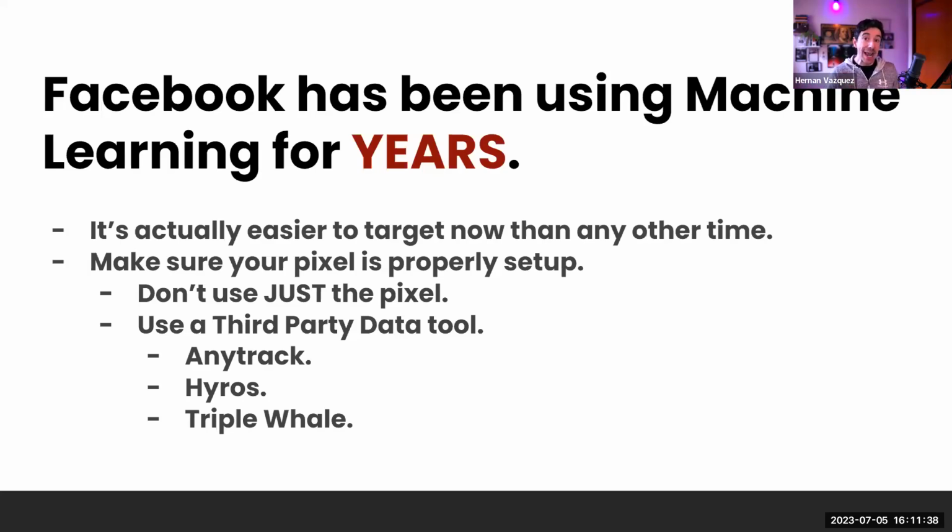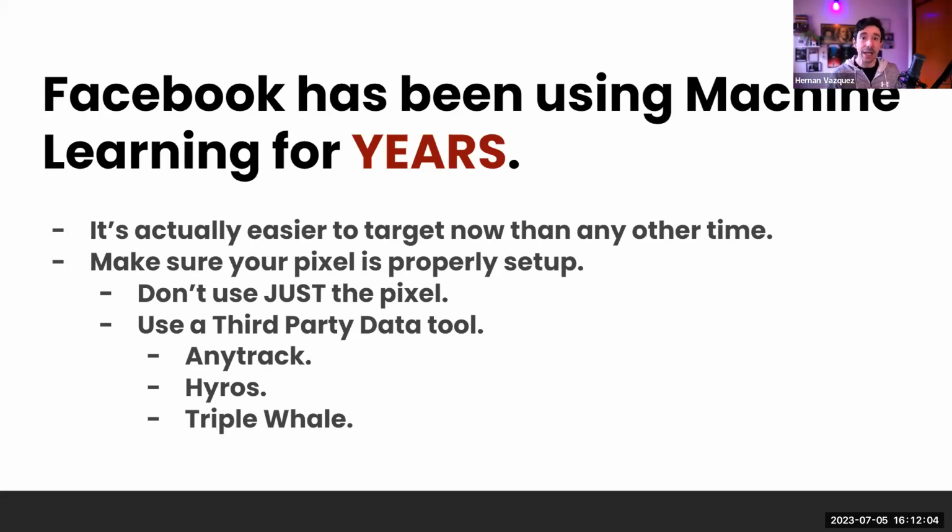Now, the trick to making it work, and this is something that I had to learn the hard way, and something that we have to learn with servicing many, many clients and spending hundreds of thousands and millions of dollars every single month, is that the trick is to not just use the pixel. Like a couple years ago, you could just grab the Facebook pixel, the Google pixel, and have it everywhere in your funnel.